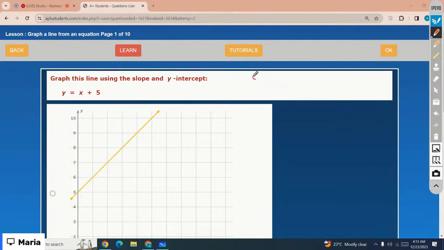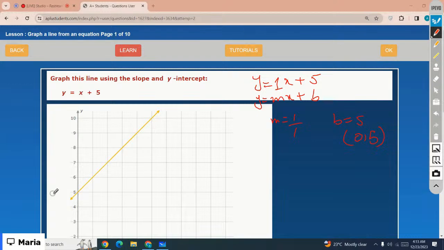The equation you are given is y equals x plus 5. Just equate the equation with the general form of the linear equation. Here m equals 1. That means 1 over 1, right? And b equals 5. b is the y-intercept. That is the point where the graph is passing through the y-axis. So you have to use the point and the slope and make a line.